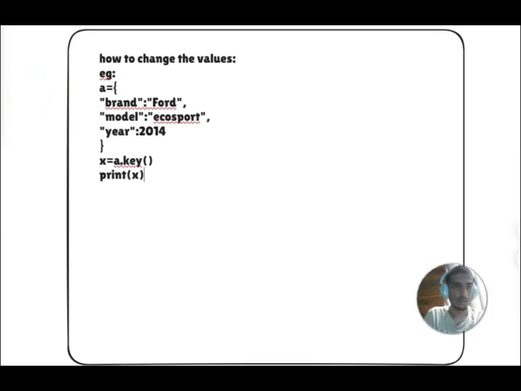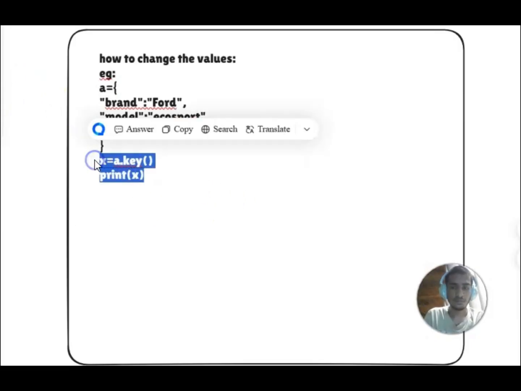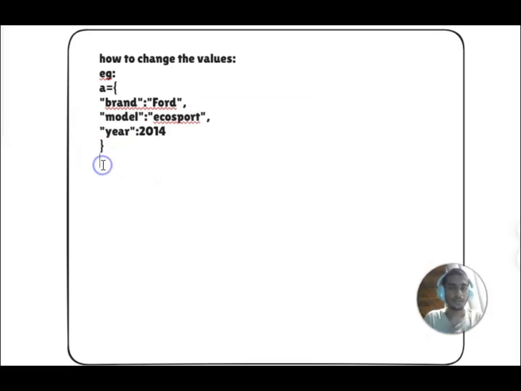Let's take a dictionary here, and if we want to change the year, we take the dictionary variable name and the key name year, and change it to 2020, and then print it.